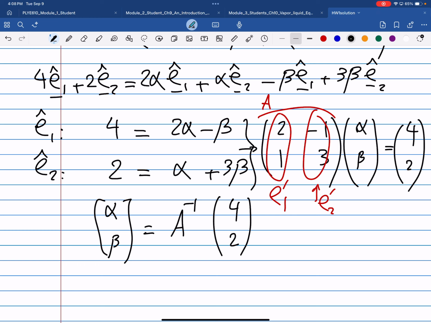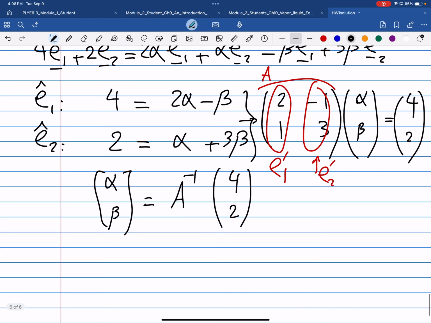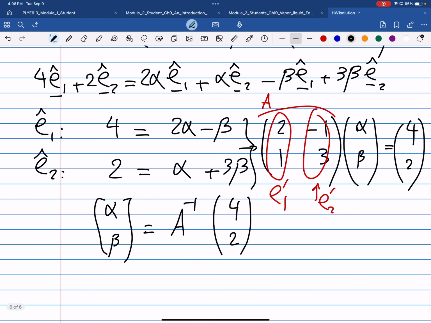This works for the three-dimensional case too. Four-dimensional, doesn't matter. You can always do this trick. So by the way, what did you get for alpha and beta? I don't have the final answer. 2 and 0. Okay, so alpha is 2, beta is 0.